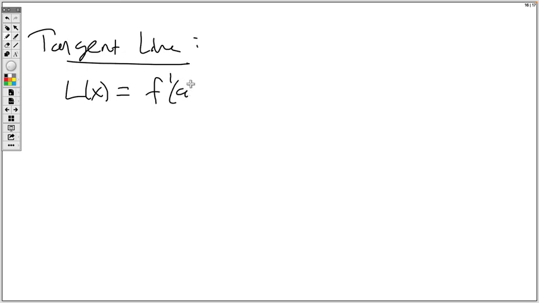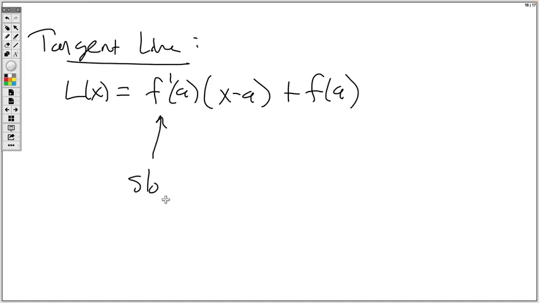To get the tangent line, we call that L of x. The formula for the tangent line would be f prime of a times x minus a plus f of a. That's your slope.